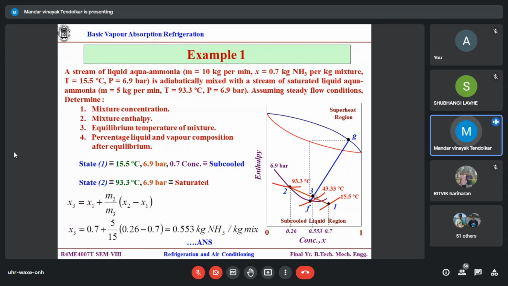So now you observe, I will explain with the help of the chart only. Let's say this is your point 3. Now by trial and error, you have to fix point F somewhere over here. It is the 6.9 line, you cannot change the pressure. So on the 6.9 line, let's say, randomly take one point. That is F, assume.